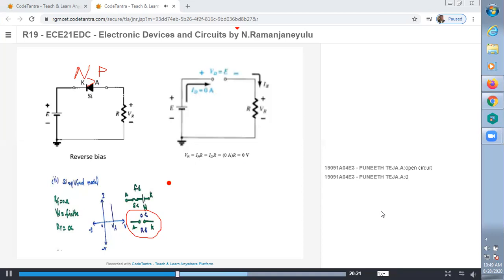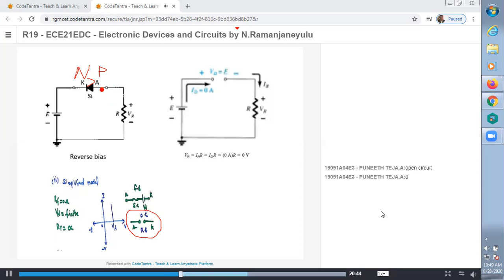So these are single loop diode circuits. Depending upon the diode position, first of all identify the status of the diode, whether it is in forward bias or reverse bias. What is forward bias? A greater than K, forward bias.